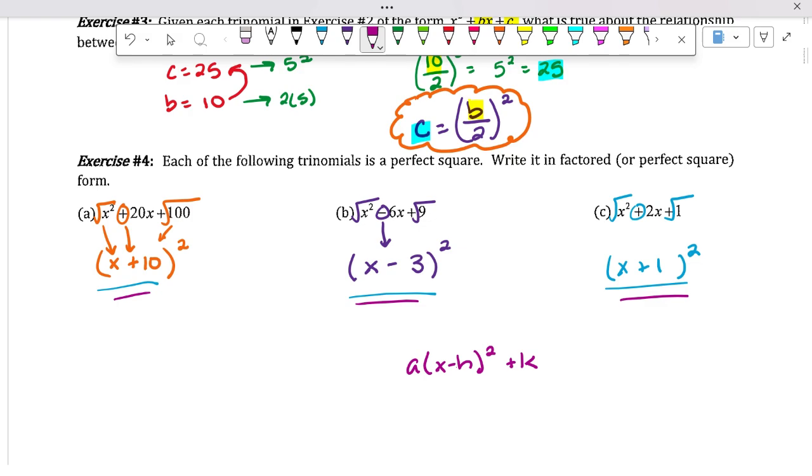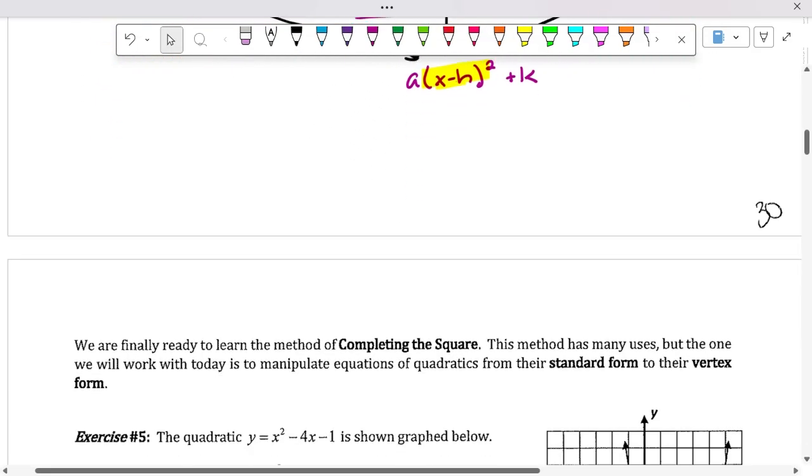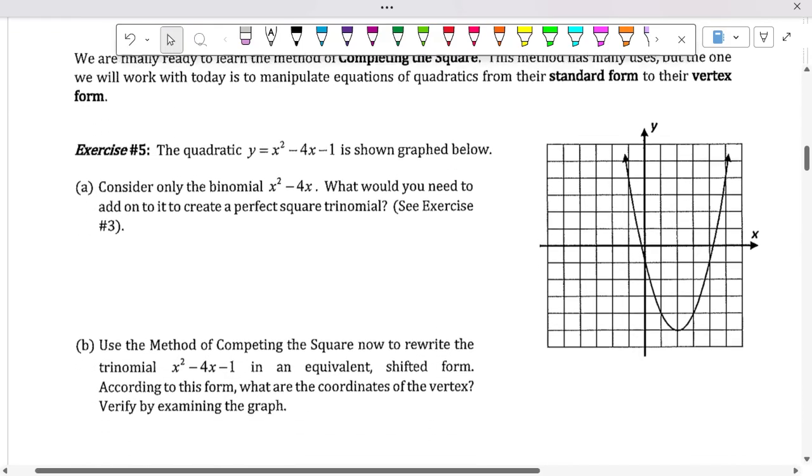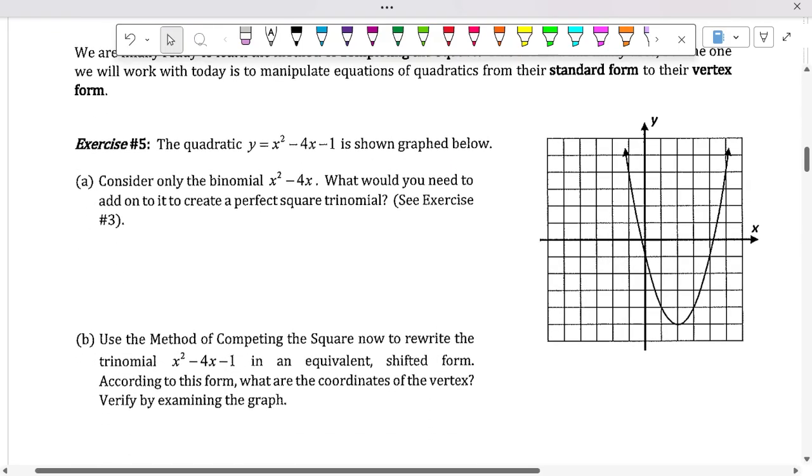Right, it's the x minus h squared. So all of these could be versions of x minus h squared. So keep that in mind when we come back to this. So turn the page. Now we're going to actually look at it from a perfect square trinomial method.